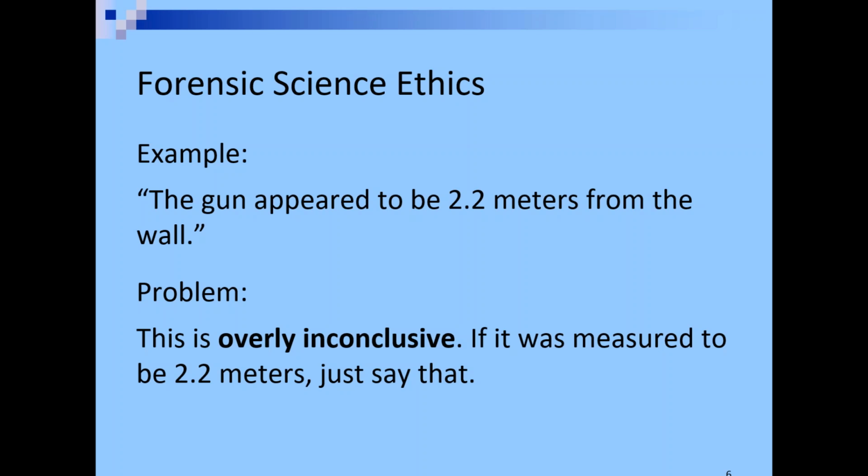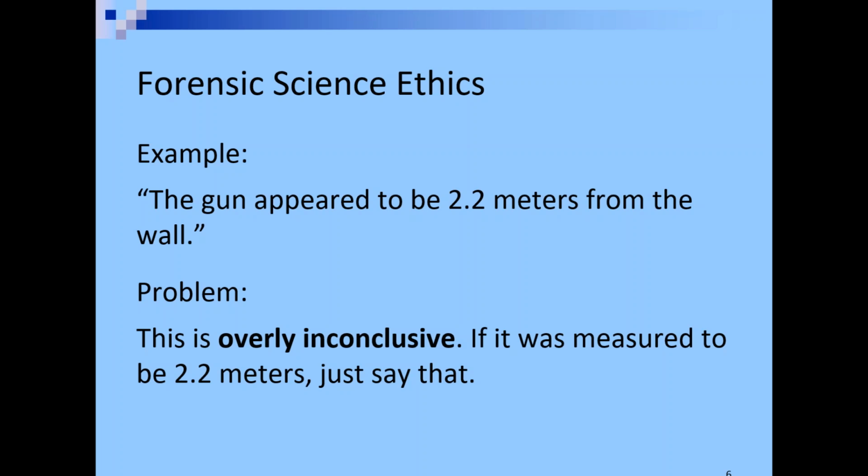And if you're being inconclusive when you don't need to be, then that can affect the jury, where they're sitting there thinking, well, this guy doesn't know anything. If the GCMS comes back and the retention time of a peak is 14.7, then you say it's 14.7. You don't say it's approximately 14.7. Now if you're talking about where the retention peak for cocaine is, then that, depending on the instrumentation, is a range, so you can give a range or say approximately if you're describing where cocaine would normally fall.